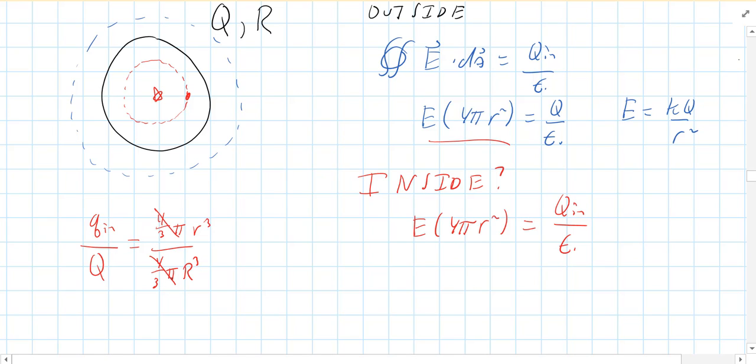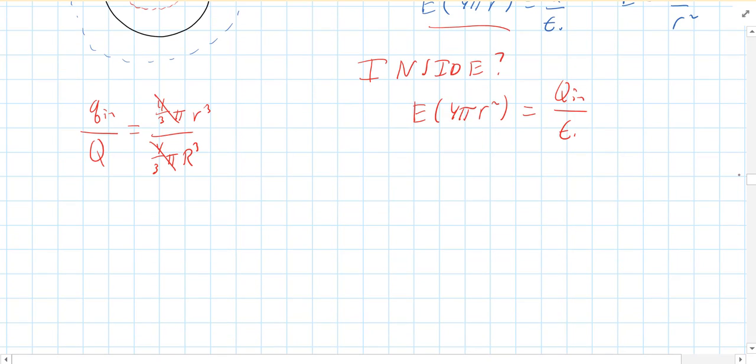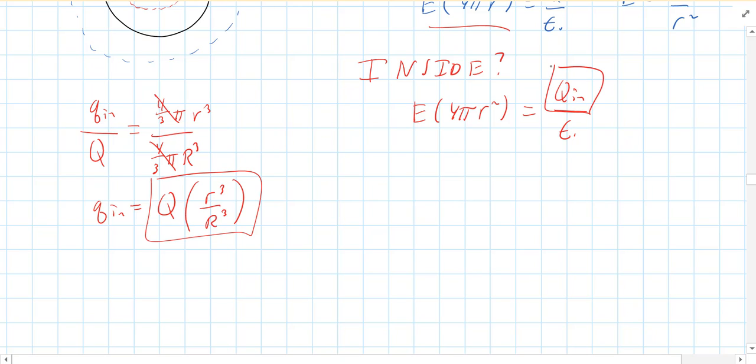The 4/3 drop out. And so if you write Q in here in terms of the other stuff, you get the charge that I captured is equal to the total charge that I had originally times the ratio of the radii cubed. This is what we're going to plug in for Q in.